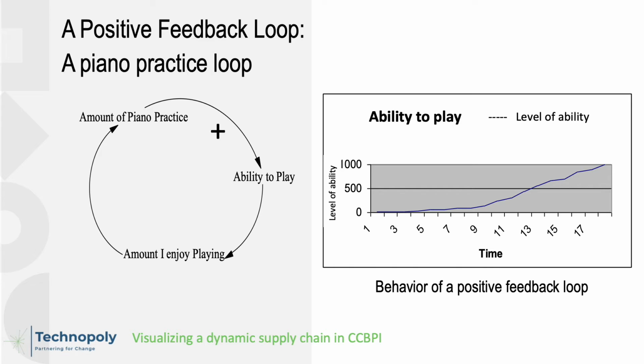So we have a positive relationship. As you increase your ability to play, your amount of enjoyment also increases. And as your amount of enjoyment increases, your desire, or the time you spend playing the piano, will also increase.